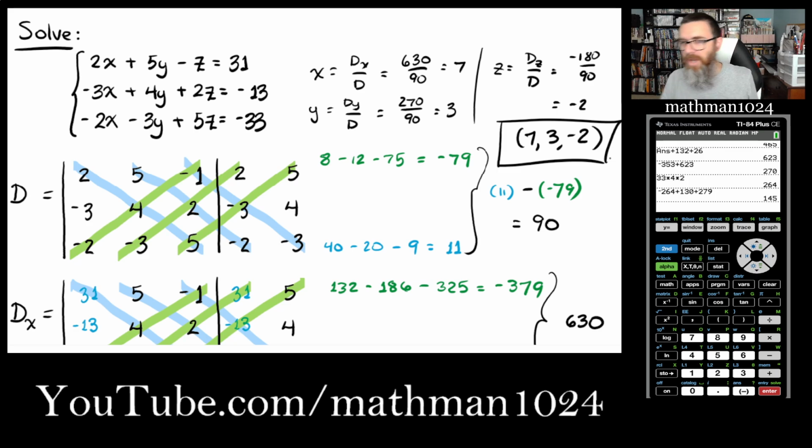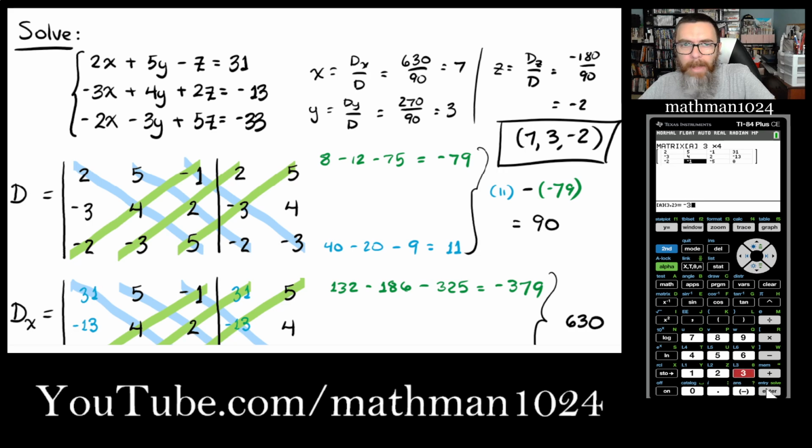But of course, don't take my word for it. Let's check this with the calculator. Go to the matrix menu and let's edit this first one. We're going to do this as a 3 by 4. So we have 2x, 5y, minus 1z equals 31. Negative 3, 4, 2, negative 13.